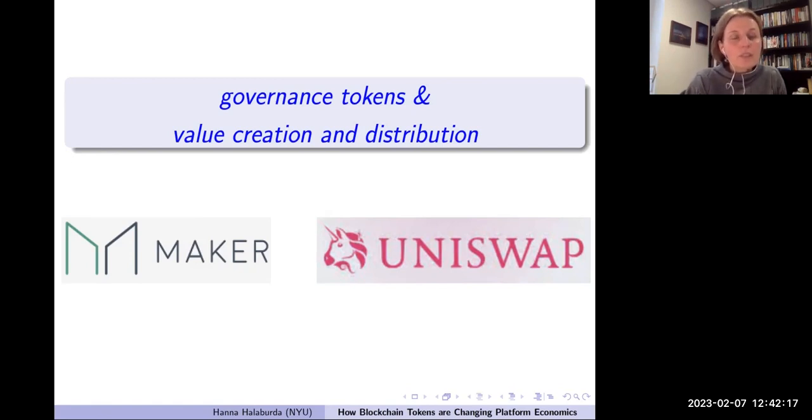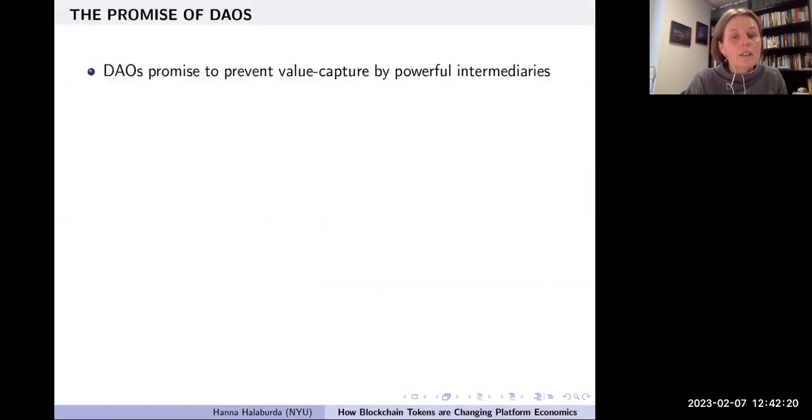So specifically, DAOs promise to prevent the value capture by powerful intermediaries. Instead of having a centralized intermediary that can charge high prices because of the network effects or by creating the market, we can give the decision rights to the voters, who presumably are also users of the platform.